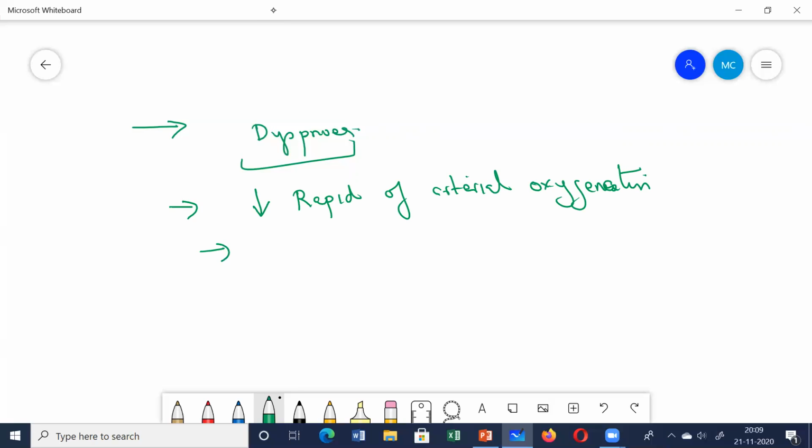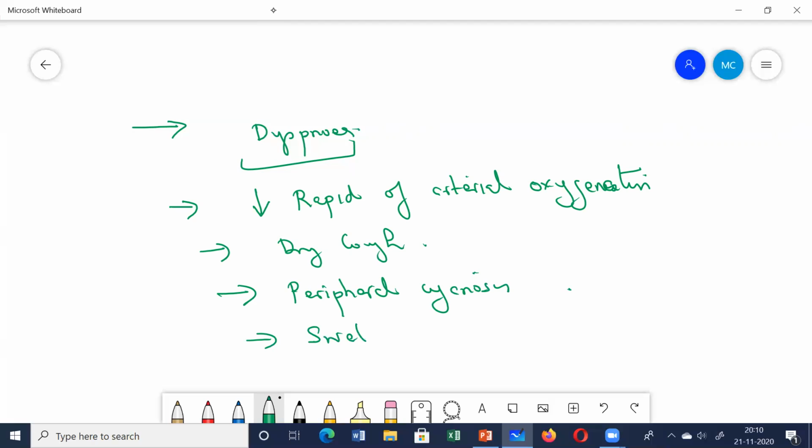The patient gets dry cough, there is fatigue, and there is dilation of the root of the pulmonary artery, because of which the patient can get anterior chest pain. And whenever the patient is exercising, they can develop exercise-induced peripheral cyanosis, and there can be swelling of the feet.